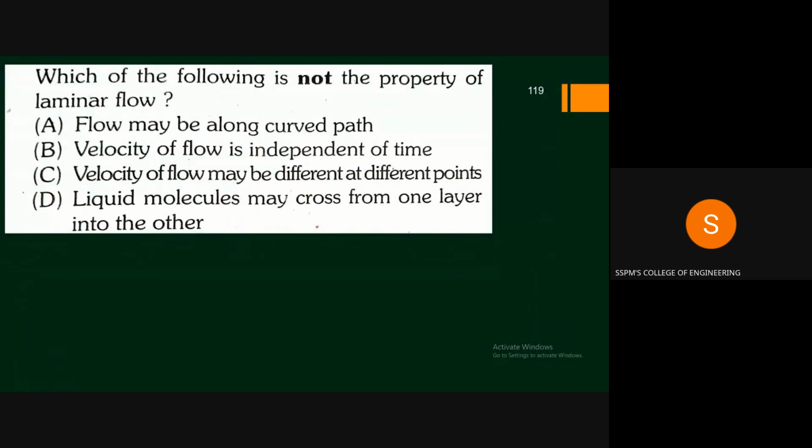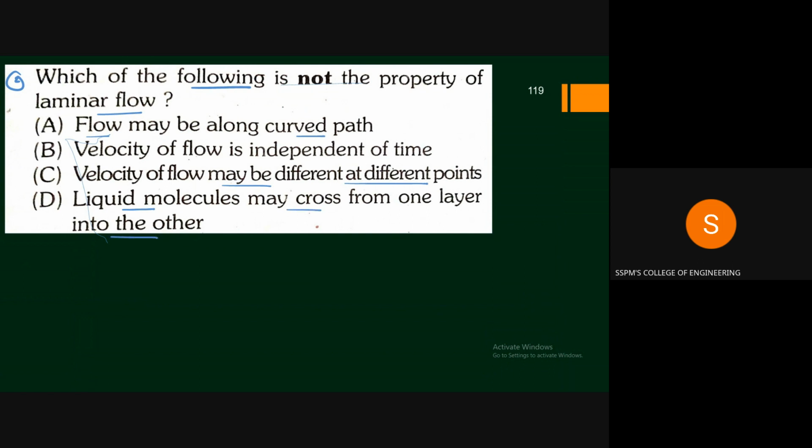Now the second question: which of the following is not the property of the laminar flow? The first option is flow may be along the curved path. Velocity of the flow is independent of time. Velocity of the flow may be different at different points. Liquid molecules may cross from one layer into the other layer.